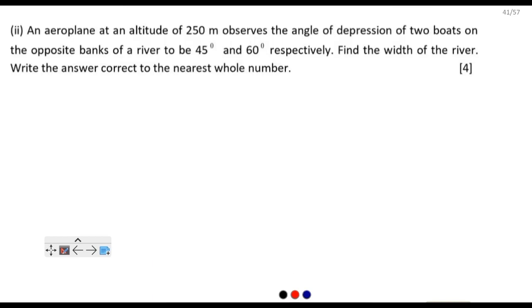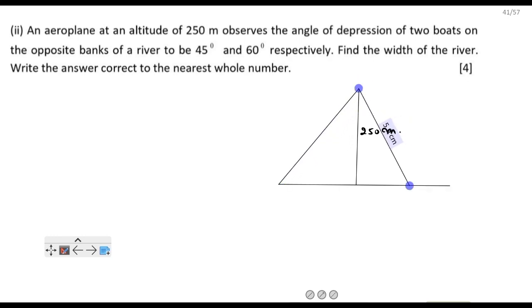Second part of this question, it is from height and distance. An aeroplane at an altitude 250 meter observes the angle of depression of two boats on the opposite banks of river to be 45 and 60 degree.